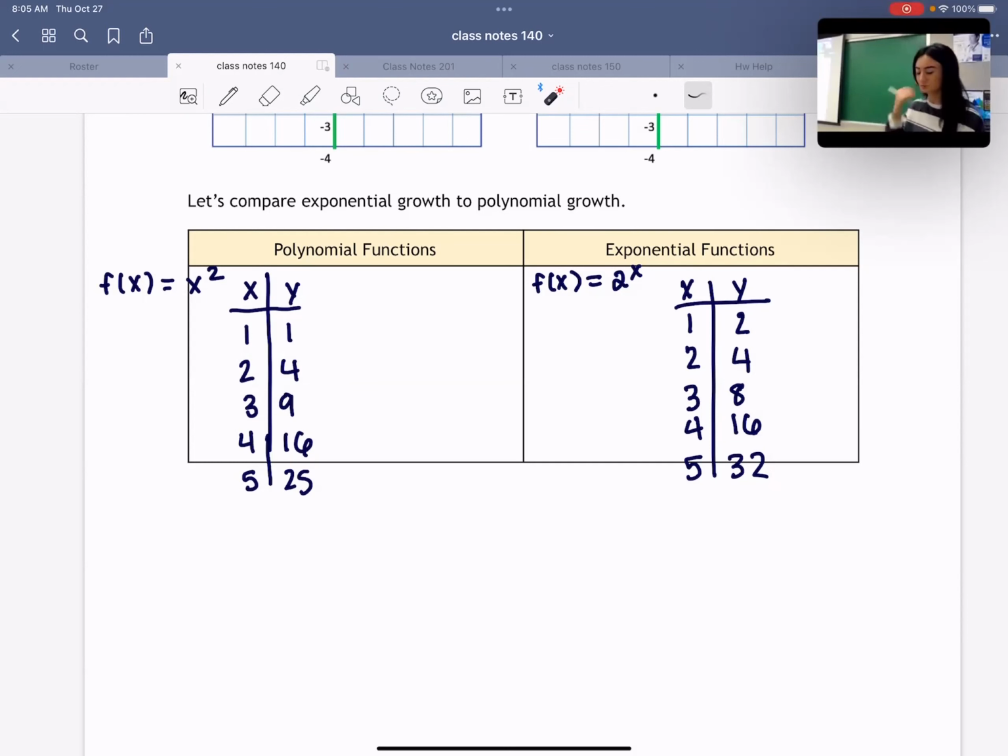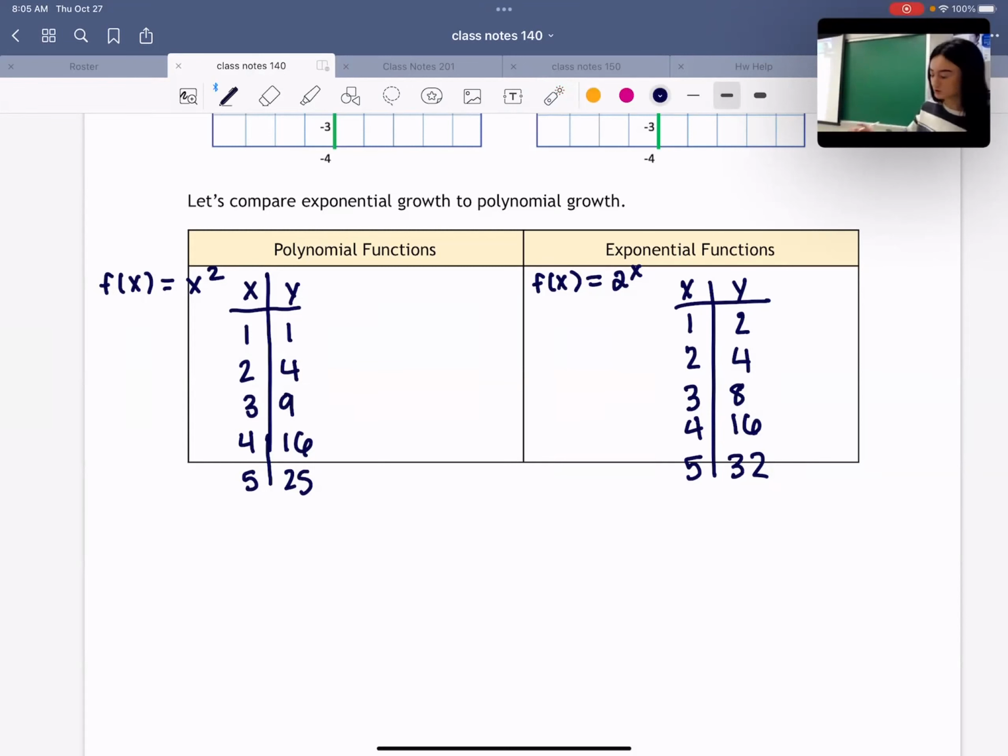The reason exponential functions are so widely used is that a lot of things grow really fast. They grow exponentially. For example, populations grow really fast. The more people you have, the more people you will have in the future, right? And even money.